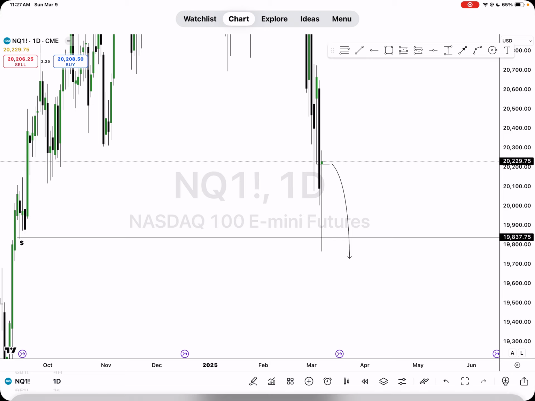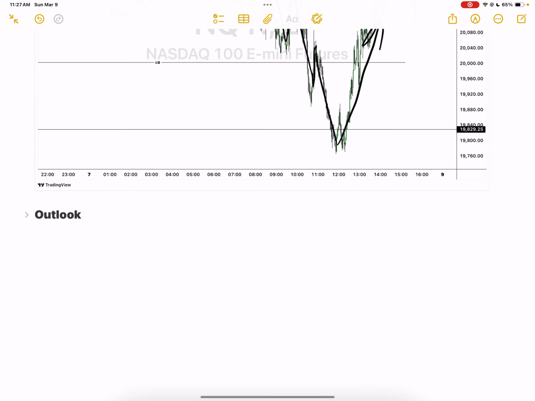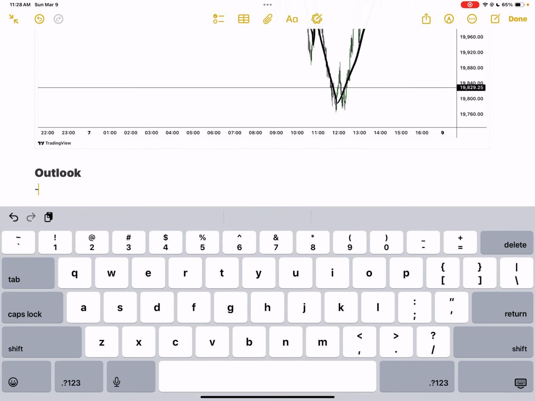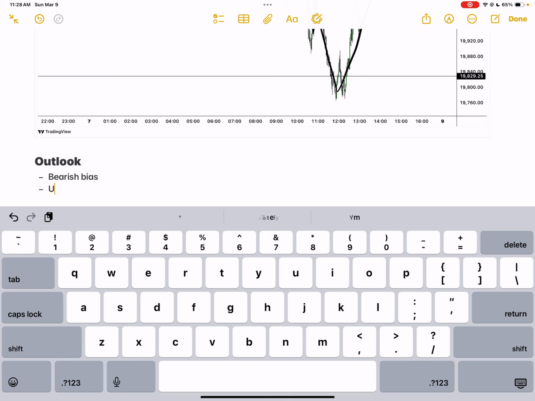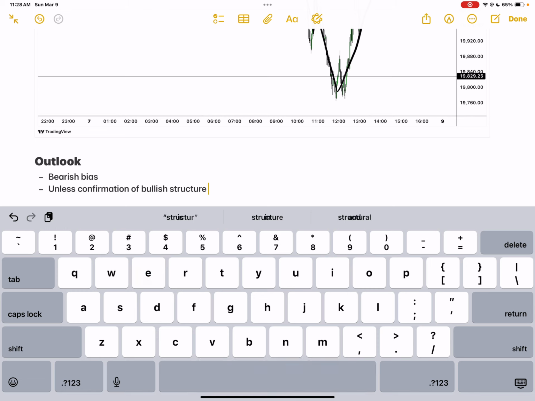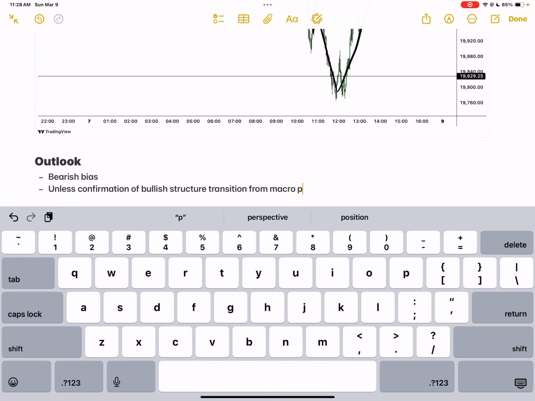Right. So going back to the outlook, currently we are still bearish bias unless we get confirmation of bullish structure transition from the macro perspective, right?